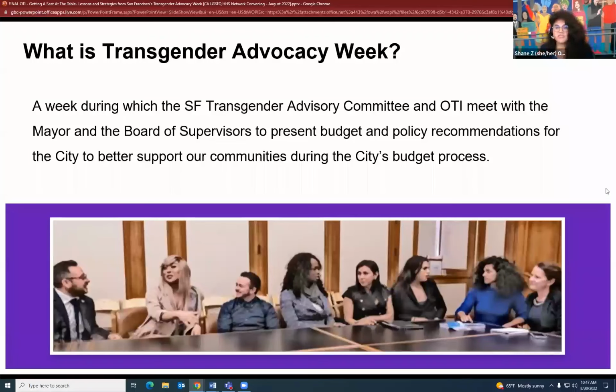So I'll just read this verbatim for the sake of defining Advocacy Week. Transgender Advocacy Week is a week during which the San Francisco Transgender Advisory Committee, the TAC, and our office, OTI, meet with the mayor and the Board of Supervisors to present budget and policy recommendations to the city, for the city, to better support our communities during the city budget process.